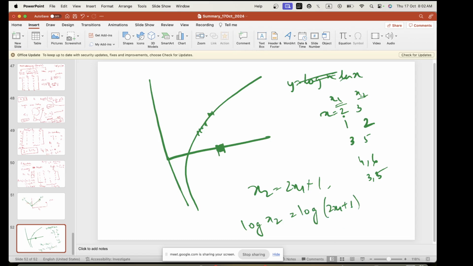We can ignore this plus 1 because it seems to be a little quantity, so this is actually log of 2x1. That is log 2 plus log x1. So here again we are almost getting some sort of a linear pattern.